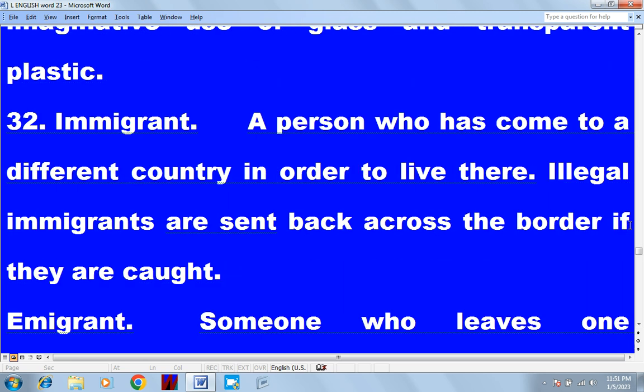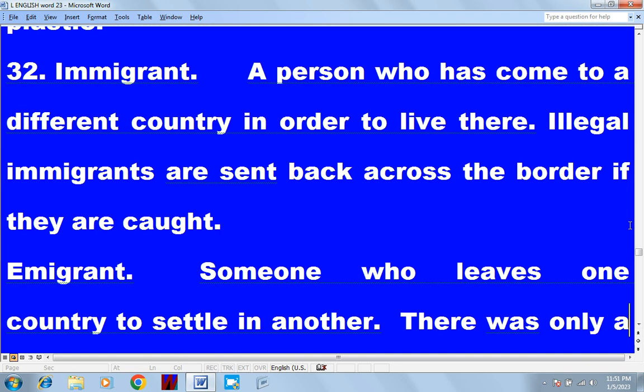Immigrant: a person who has come to a different country in order to live there. Illegal immigrants are sent back across the border if they are caught. Immigrant and emigrant, there is a difference. I means in and E is exit.